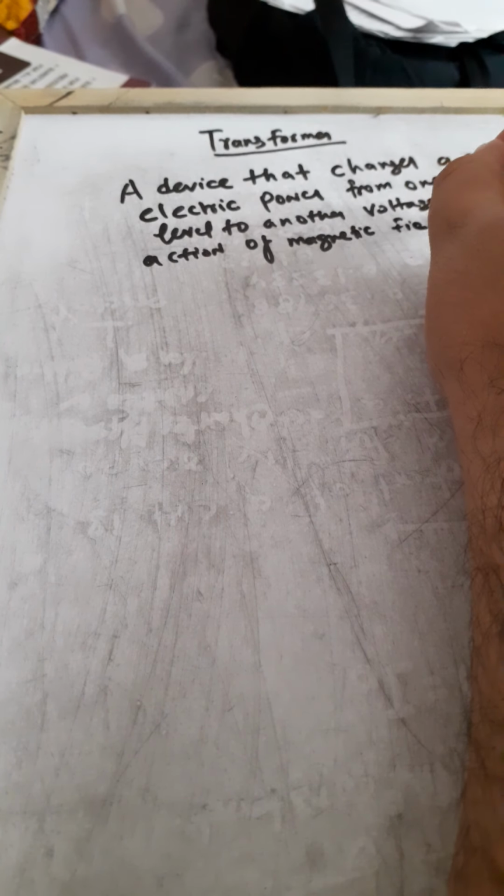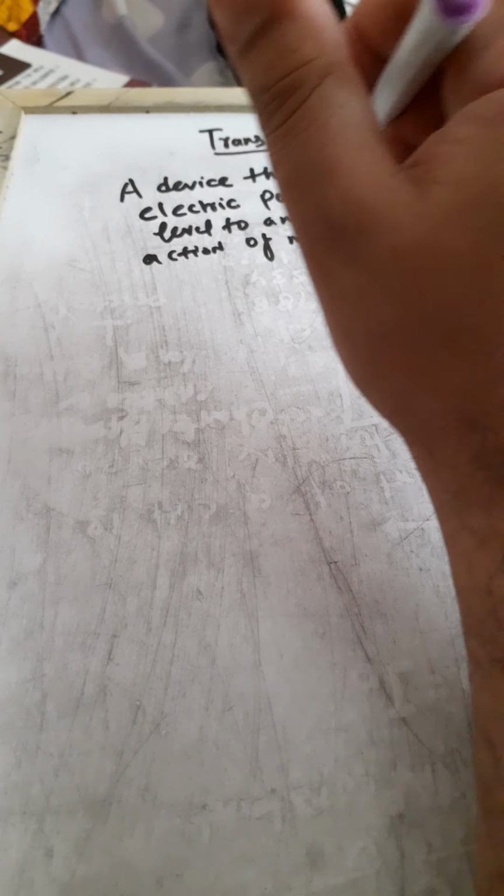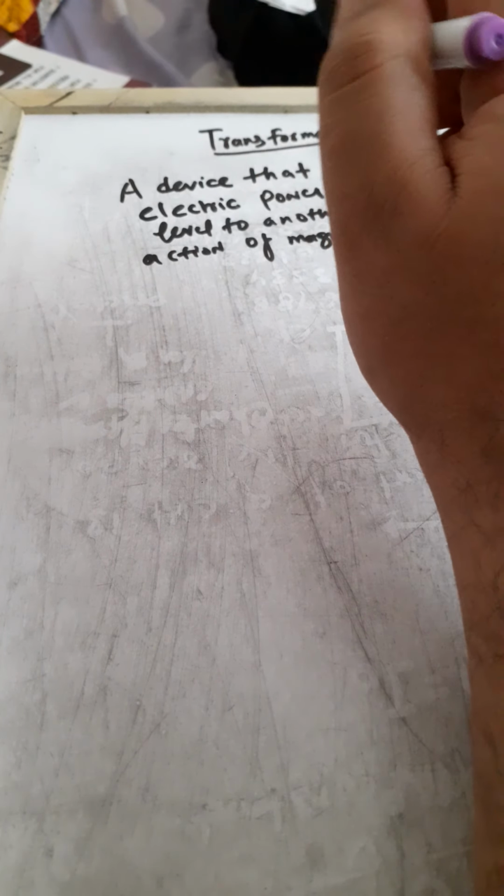Basically what happens is that if you are seeing any type of transformer, it consists of two or more coils of wire wrapped around a ferromagnetic core.